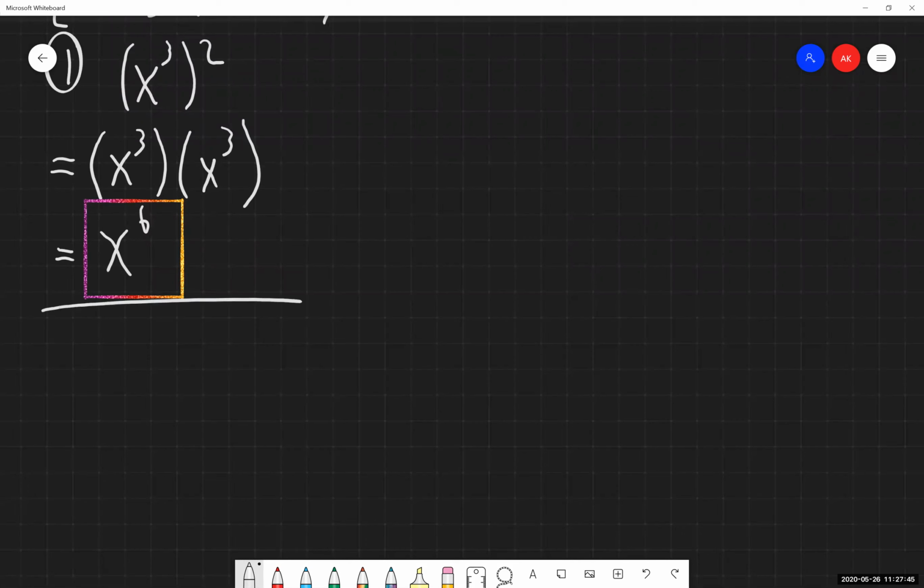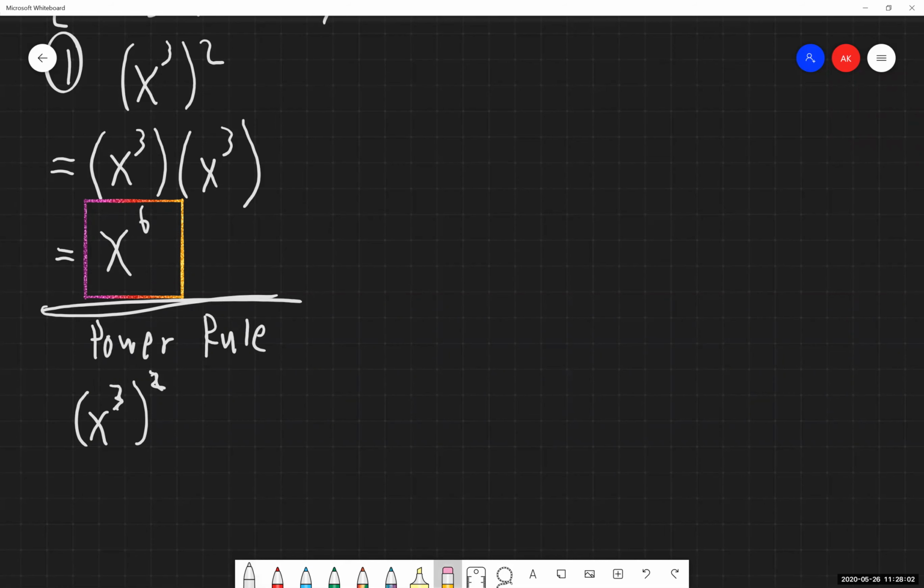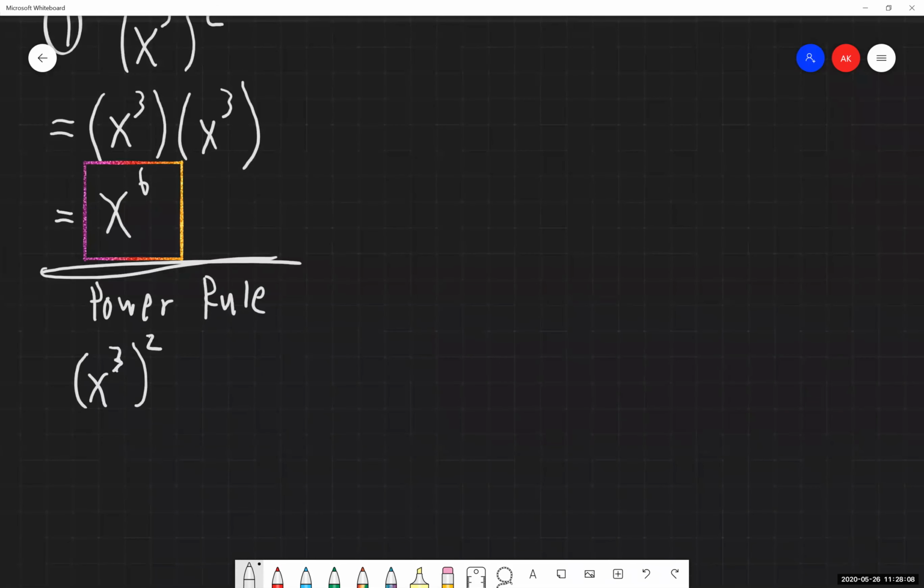So now we'll do it with the power rule. Let's do that. Again, same problem. x to the third raised to the second power. So I have an exponential expression being raised to a second power.